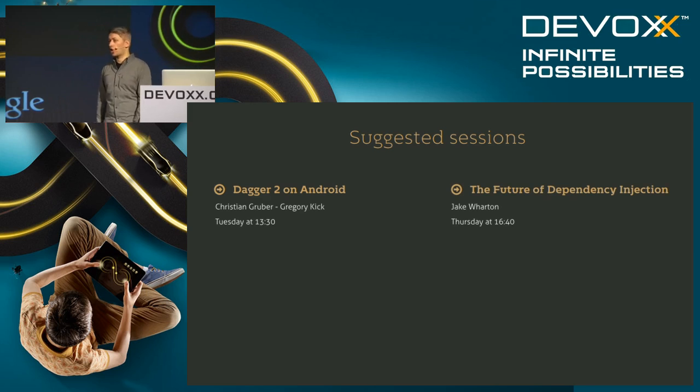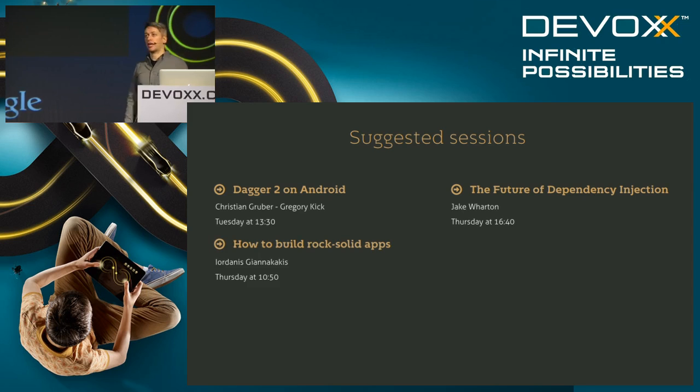So I'm not going to go on too much about architecture and so on. There are really a couple of super interesting talks that you can go to the rest of the week. Another talk I would like to recommend is How to Build Rock-Solid Apps by Jordanis. He works at Shazam. I've seen his talk already.